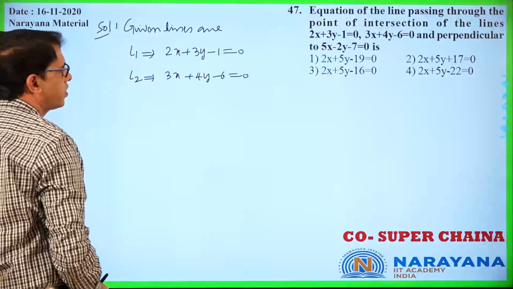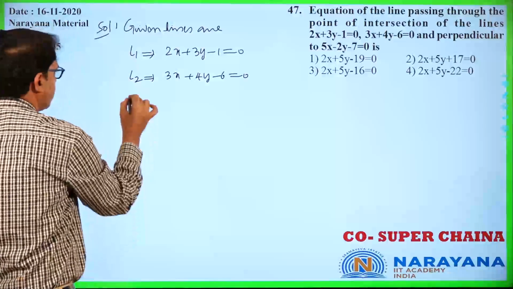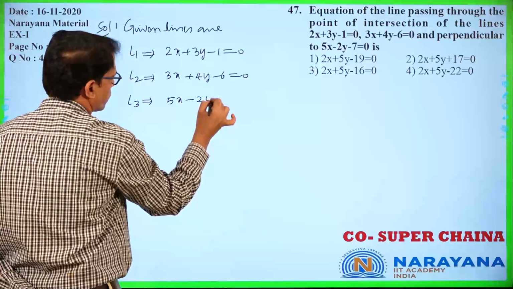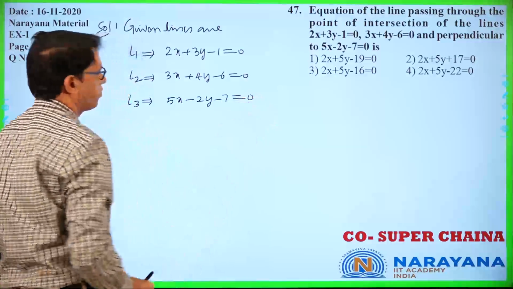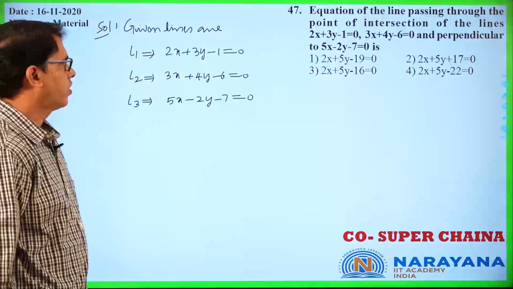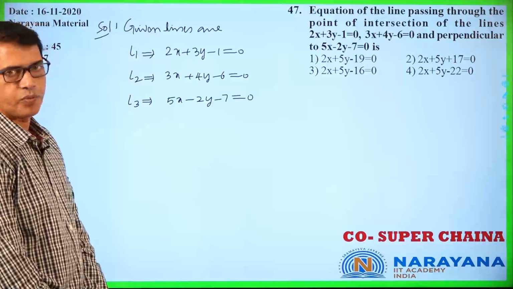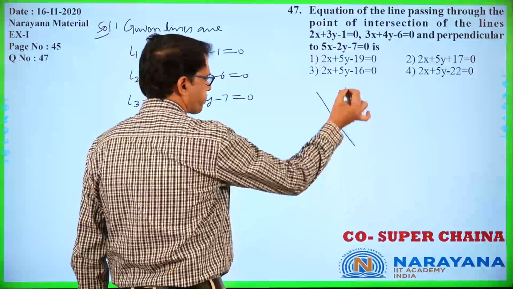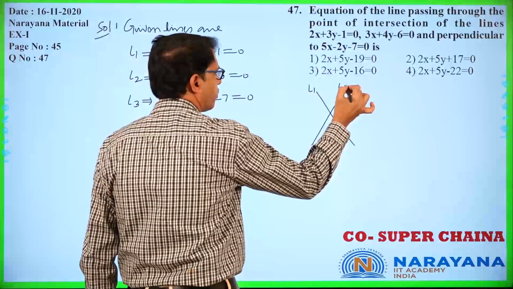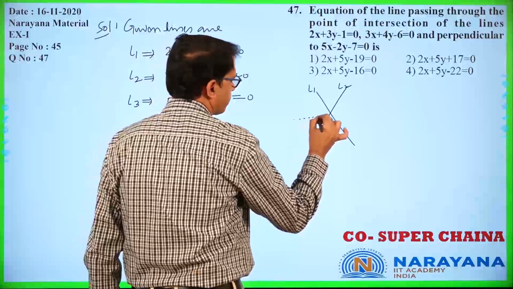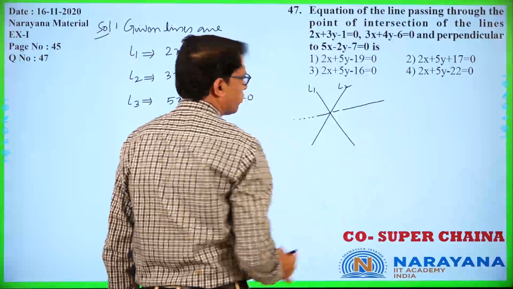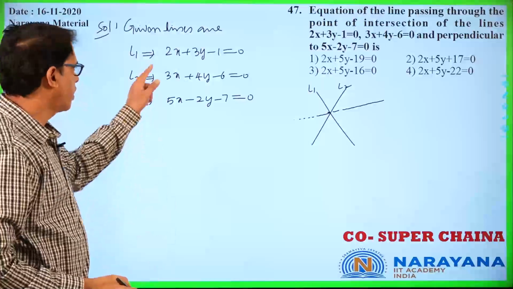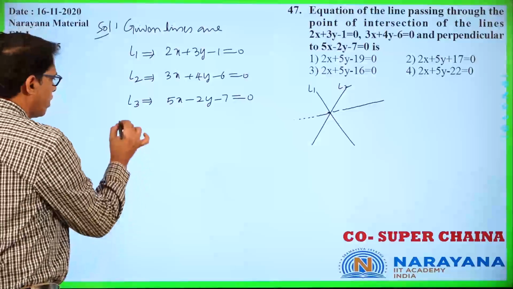And L3, 5x minus 2y minus 7 equals 0. 3 lines are given. Now the equation of the line passing through the point of intersection of L1 and L2 is the required line. So it is passing through the point of intersection, right? So solving L1 and L2.